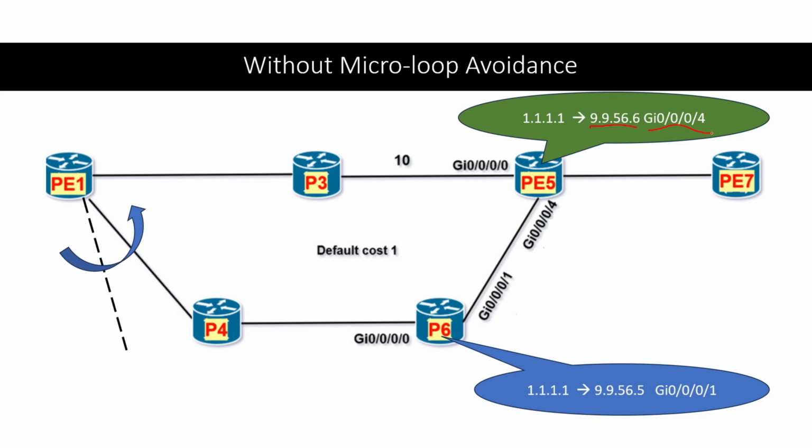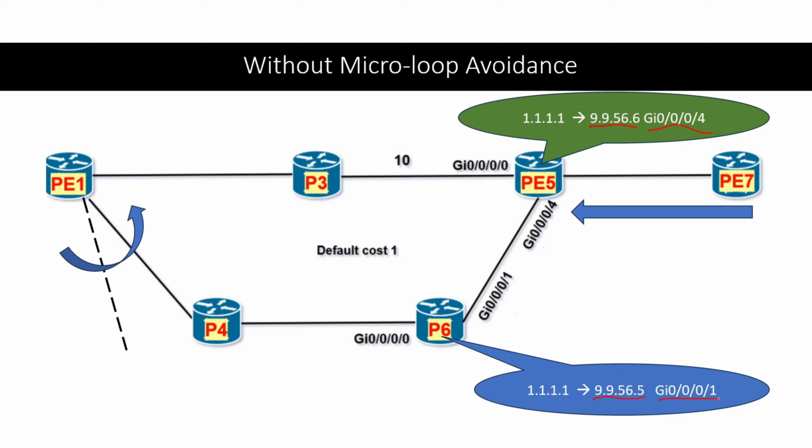But P6 is very slow and is still running the SPF, so the entry is still pointing towards PE5 via the interface gig001, and the traffic from PE7 to PE1 hits on PE5.